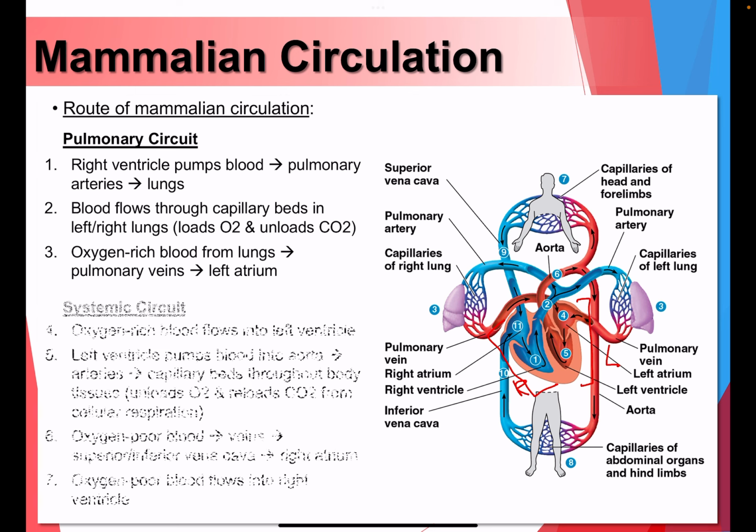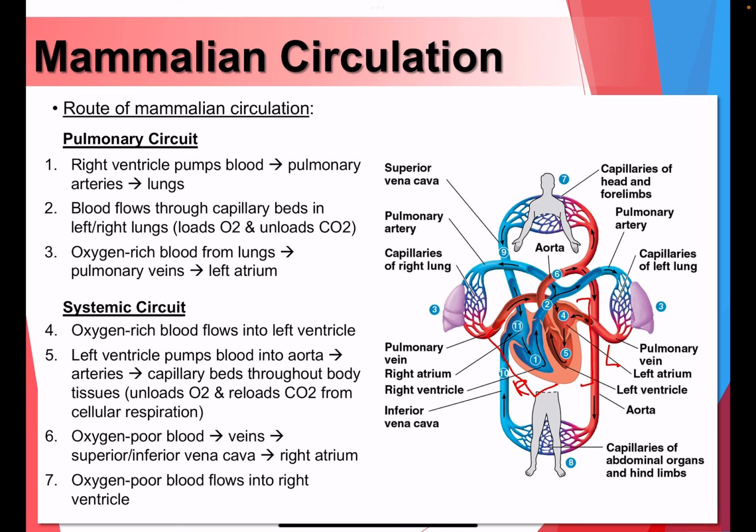All right, then you're ready for the systemic circuit now, because now you've got that oxygenated blood, or oxygen-rich blood, in the heart. So now oxygen-rich blood flows from the left atrium into the left ventricle.